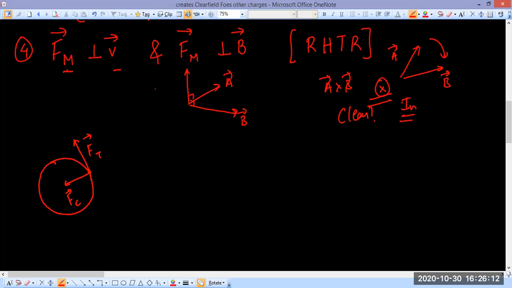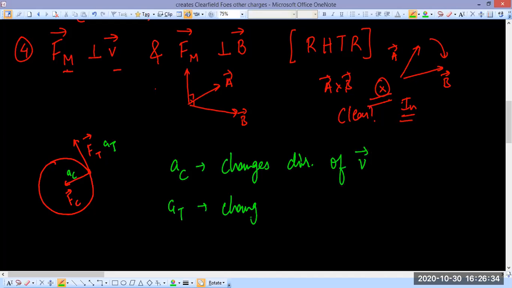Do you remember? Same thing we did about acceleration also, centripetal acceleration and tangential acceleration. At that time I told you that AC changes the direction of velocity and AT changes speed, right?